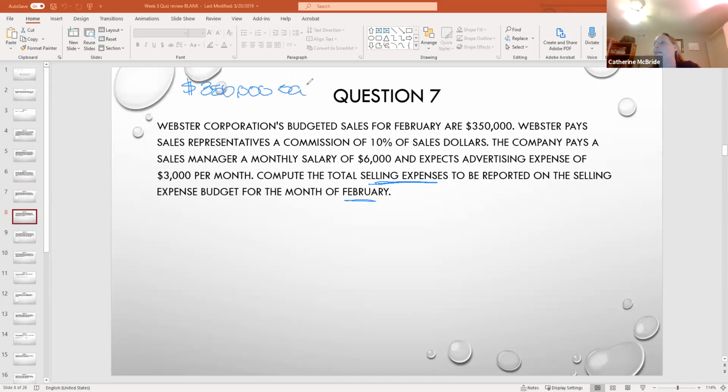So that's what we think sales will be. Webster pays sales representatives a commission of 10% of sales dollars. A company pays a sales manager a salary of 6,000 and expects advertising expense of 3,000. So the first thing you have to know is, do you include advertising expense in selling expenses? Yes, you do.